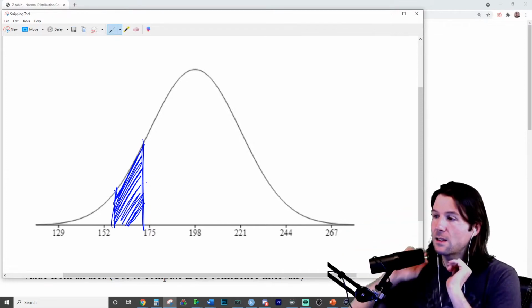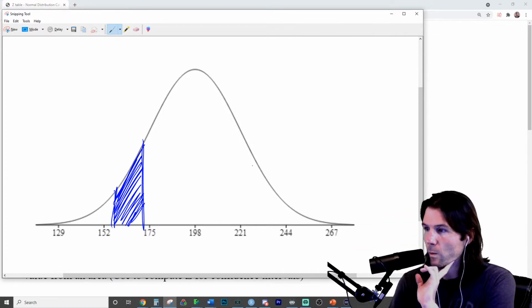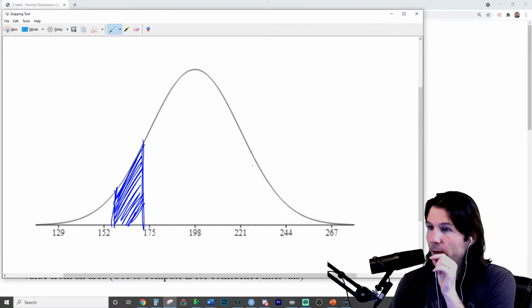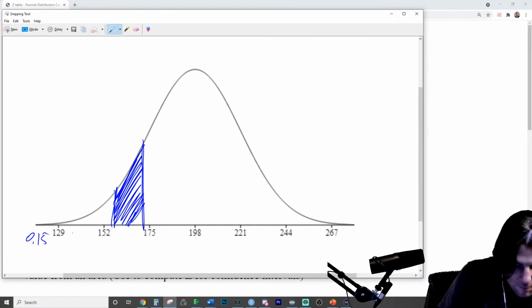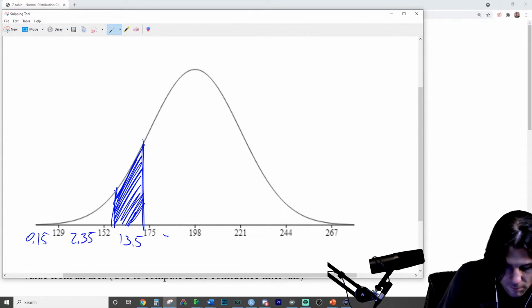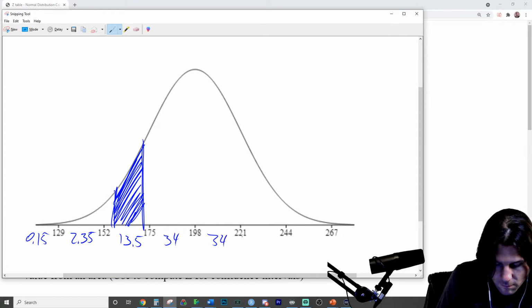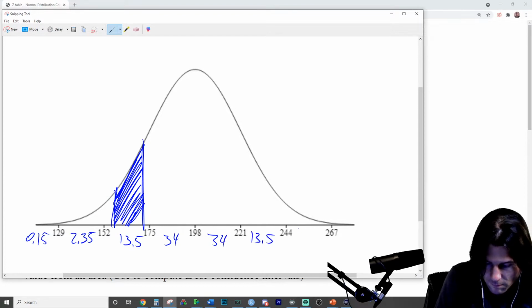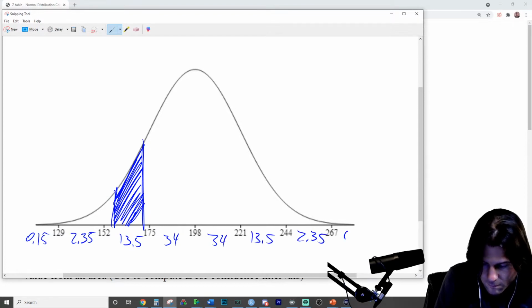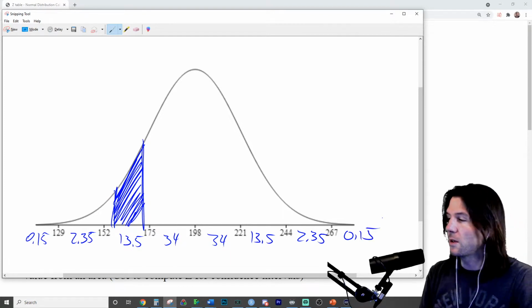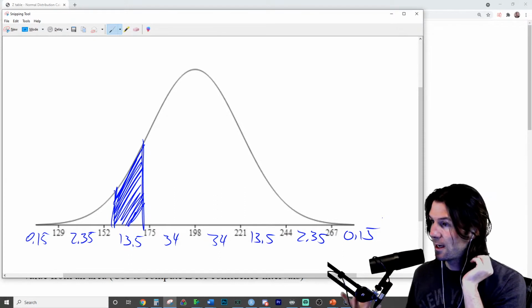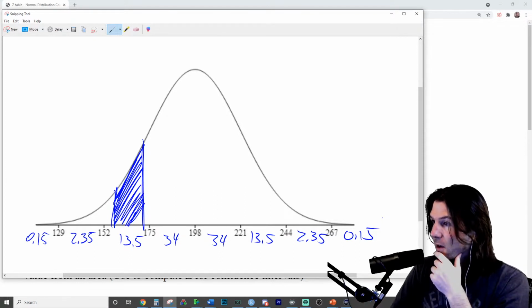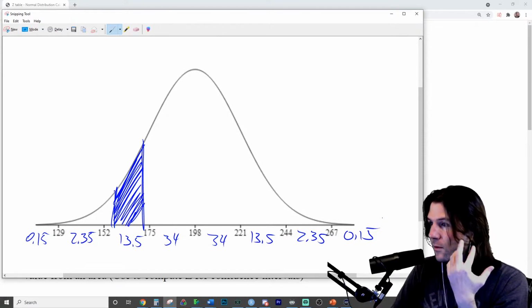This area has to be less than what? These are the numbers we saw earlier from the empirical rule, the 68, 95, 99.7. This area has to be less than 13.5.